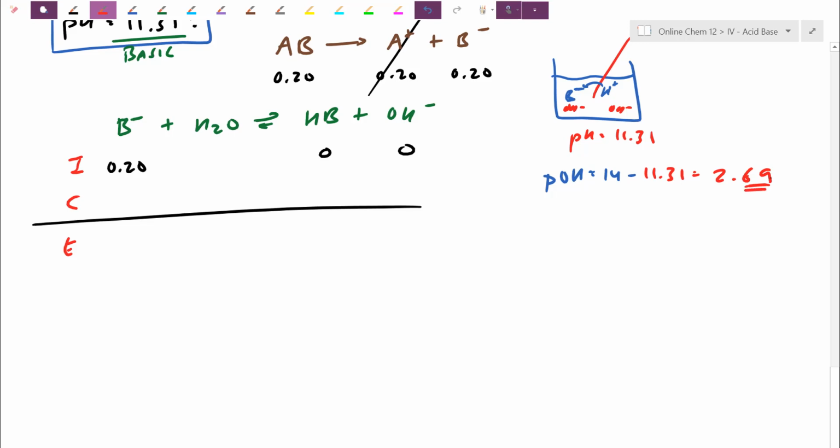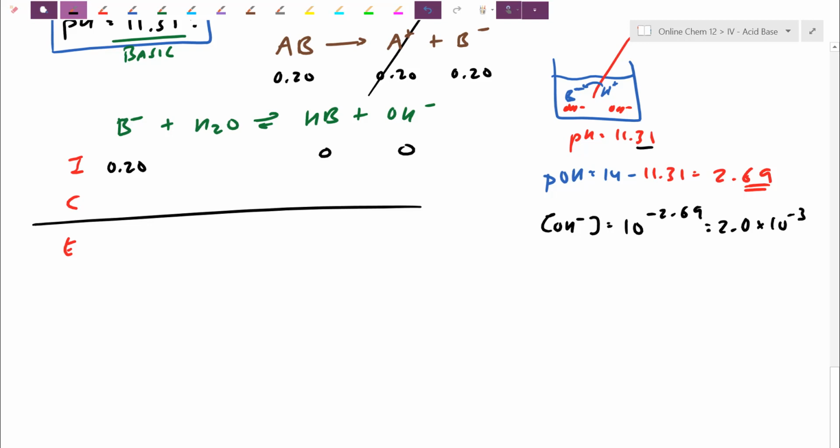Again, the significant digits are after the decimal place. How do we get back to just hydroxide? I need to undo the negative log, so I go anti-log, so it's 10 to the power of negative 2.69. And that gives you 2.0 times 10 to the negative 3. Back when we had pH, pOH, significant digits were after the decimal place.